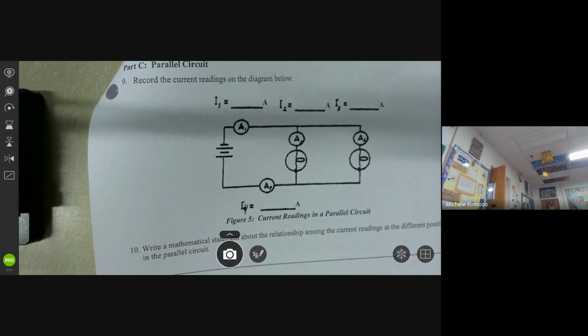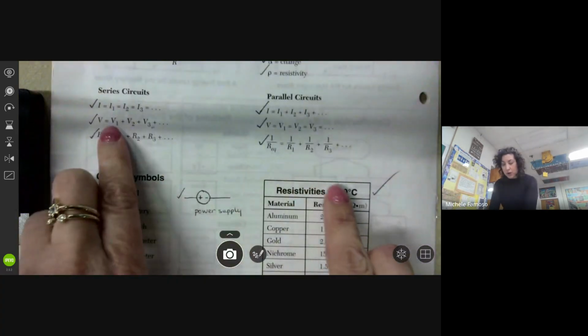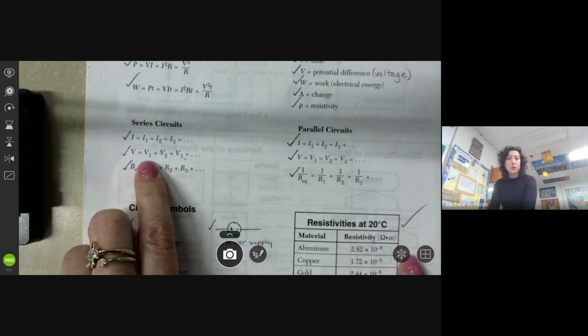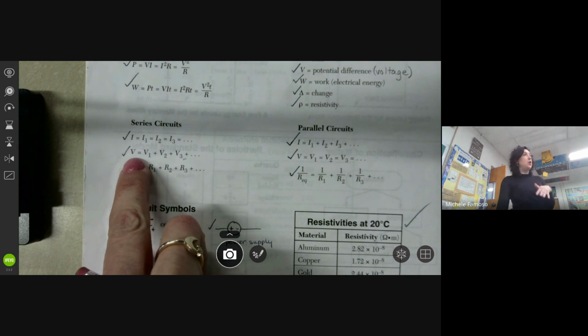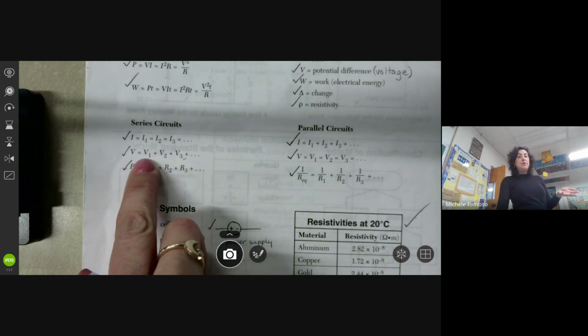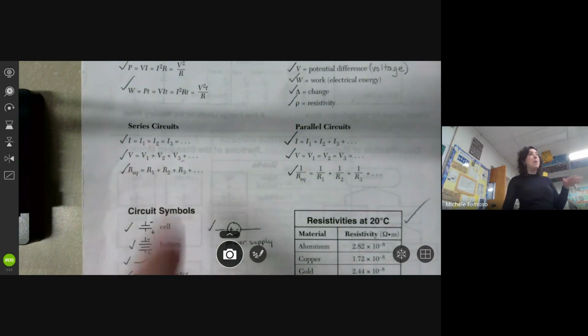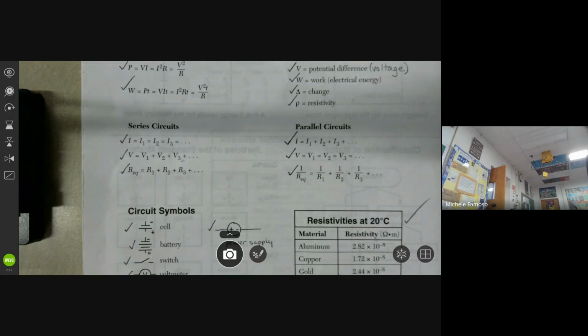So, for example, when I look at this equation on my reference table, V equals V1 plus V2 plus V3. V always represents the voltage from our power supply. V1, V2, and V3 would be the meters. This may not add up perfectly with the numbers that you see in front of you at the station.